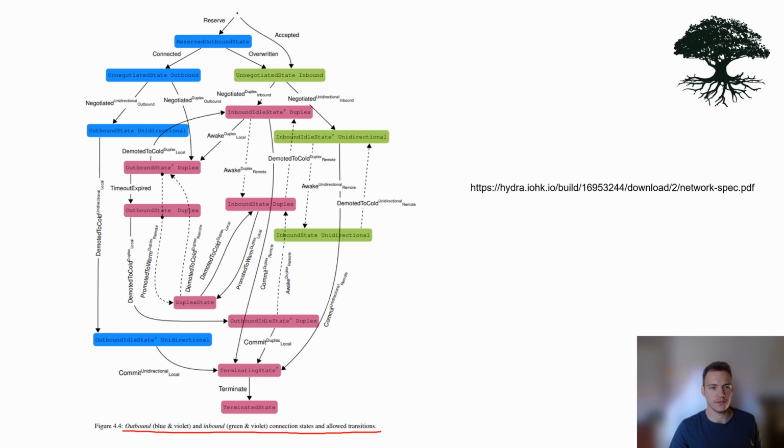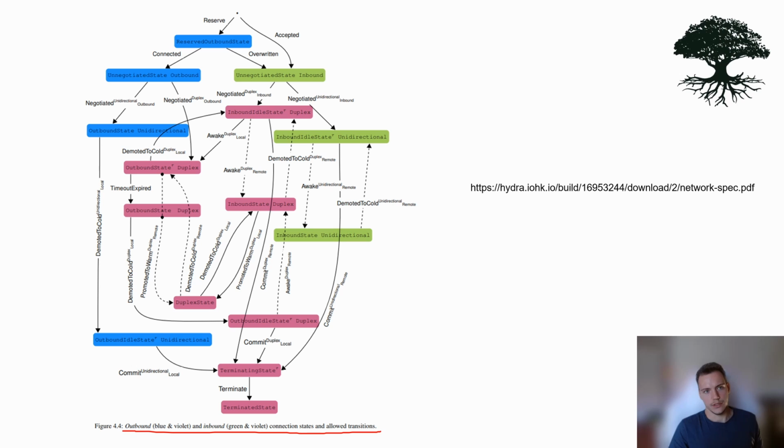On this graph, the states are in colored boxes: blue boxes signify outbound connections, green boxes signify inbound connections, and violet boxes signify duplex connections, which can be both inbound and outbound.